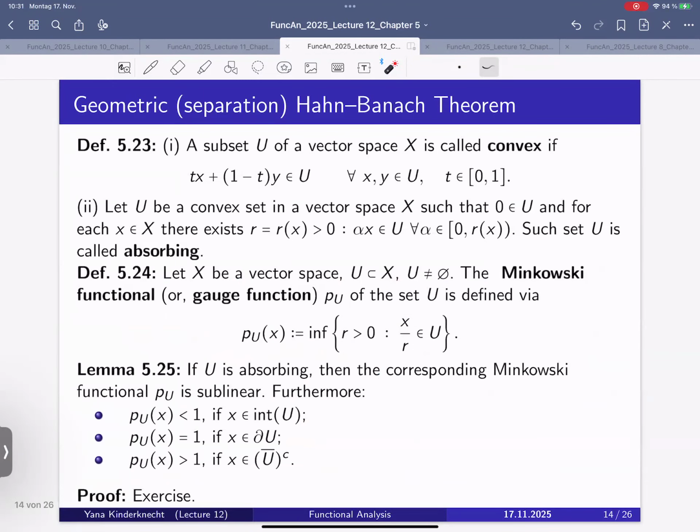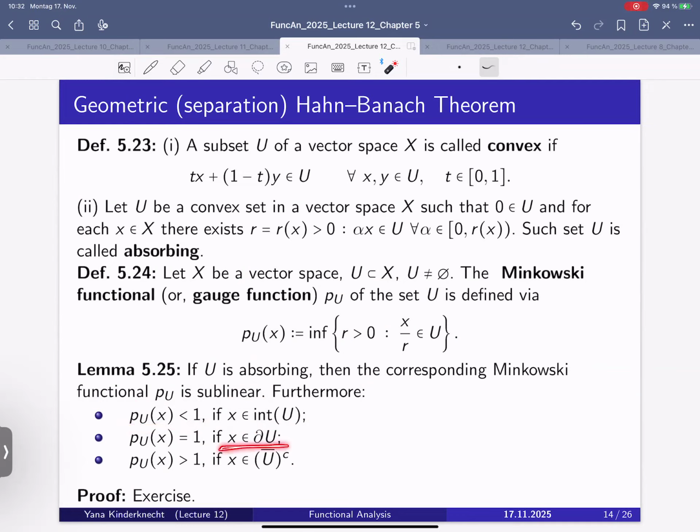So a lemma, and this is the exercise, home task. If U is an absorbing set, then the corresponding Minkowski functional is a sublinear functional. Furthermore, for all interior points of U, the Minkowski functional takes values smaller than 1.